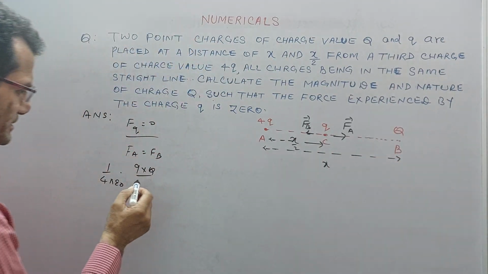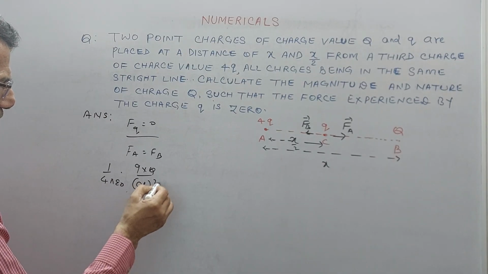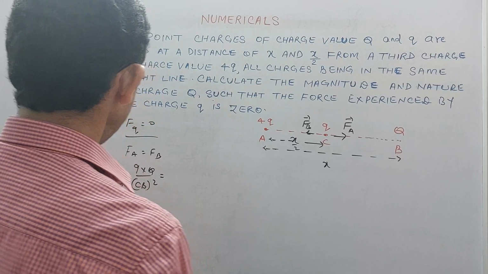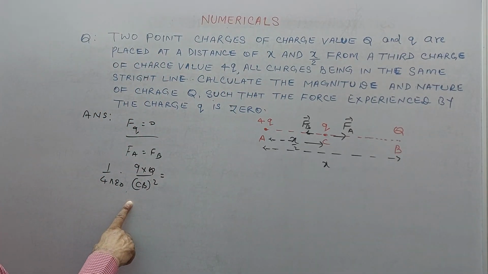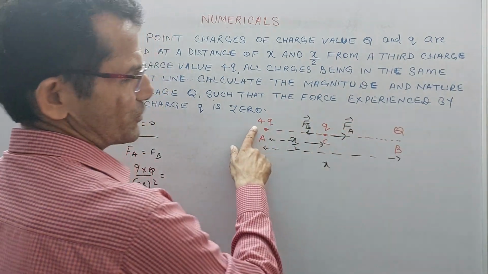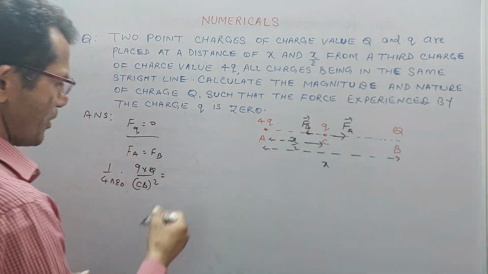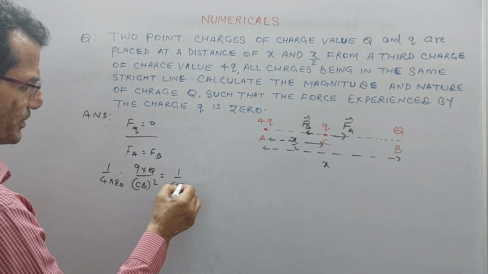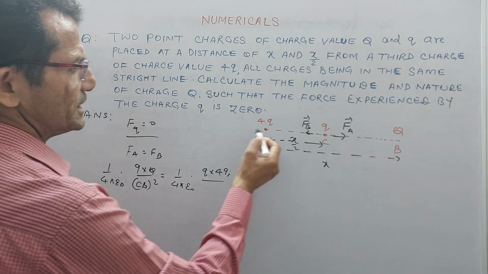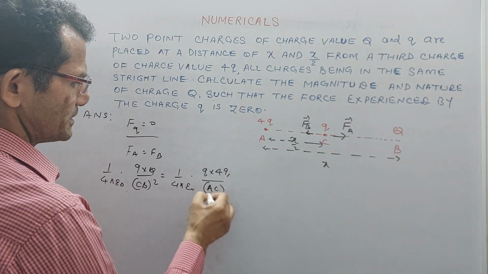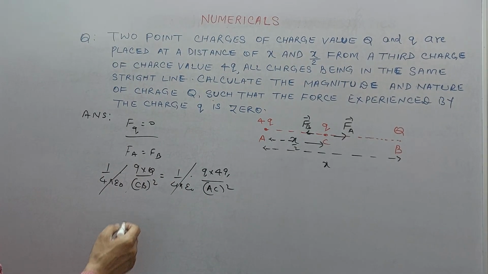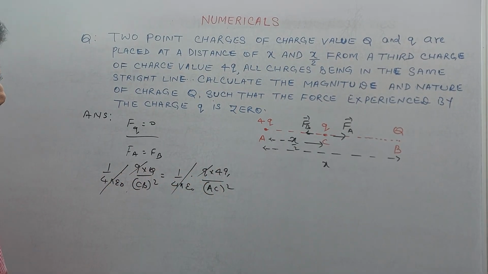This is the force FB. We have to calculate the value of FA. FA has the value rightwards, and the product of charges here is 4Q and small q, 1 upon 4 pi epsilon naught Q into 4Q divided by the square of AC. If I simplify this, 1 upon 4 pi cancels out, and here small q also cancels out.